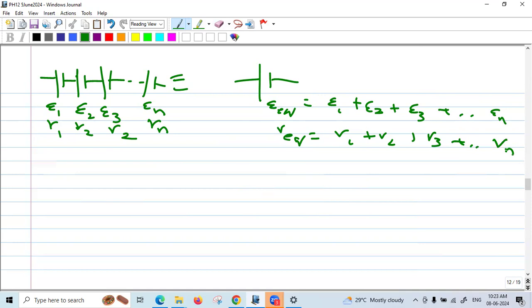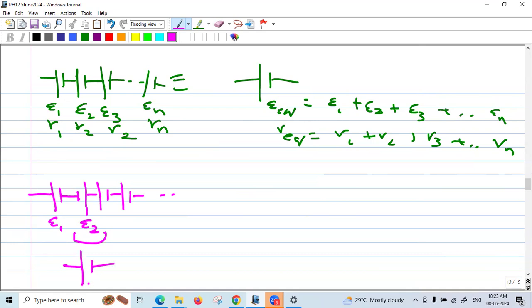Okay, so one extension or complication is, suppose I have a cell whose polarity is reversed. Instead of having the long dash here, I have a short dash here and the long dash there, but other things are the same, in normal order. So E1 is like this, E2 is like this. This is the same as having a cell with a long dash and a short dash, but whose value is minus E2.